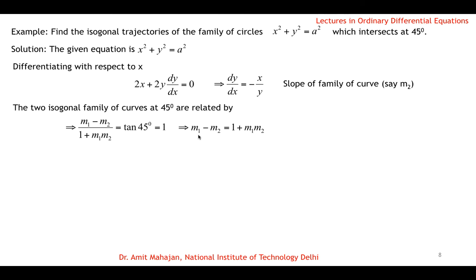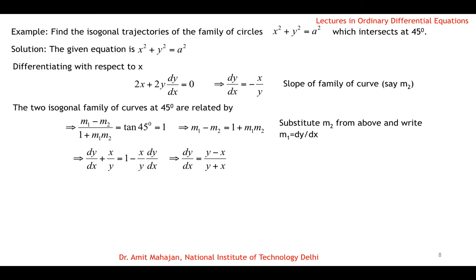So we substitute m1 as dy by dx and m2 as minus x over y, and then this equation can be written as a differential equation that gives the slope of the isogonal trajectories to this circle.